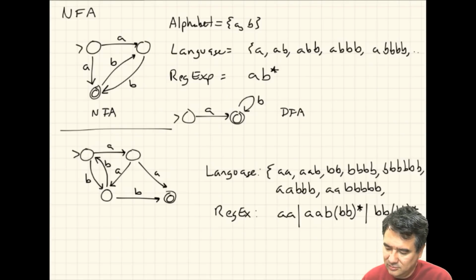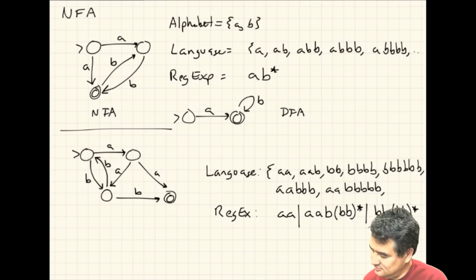And I'm looking at the regular expression and so I'm going, those first two cases, the AA and then the AABB star, I'm wondering if those can be combined together. They probably can be. Basically, you factor out the AA. Yeah, let's try that.